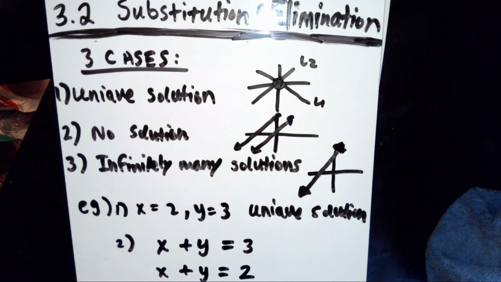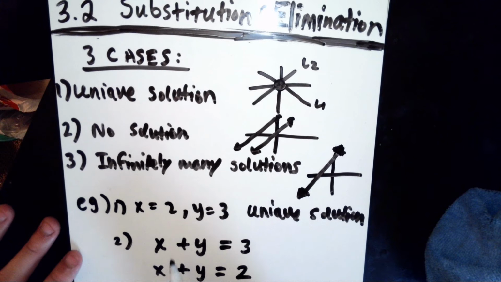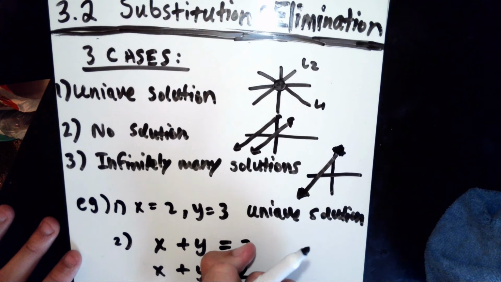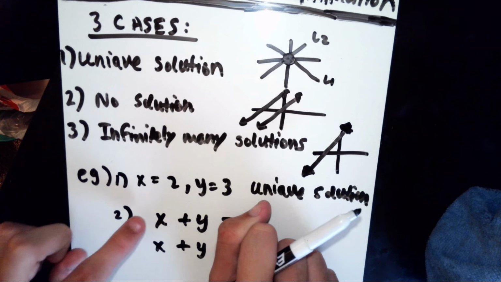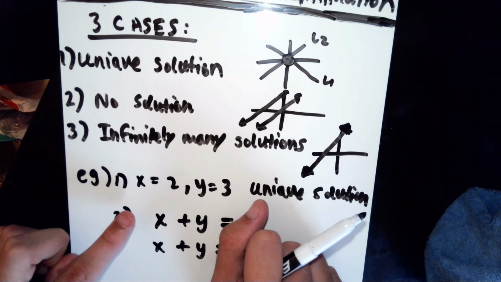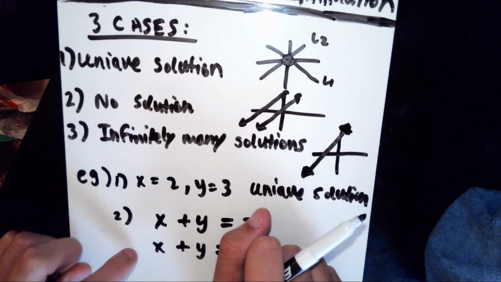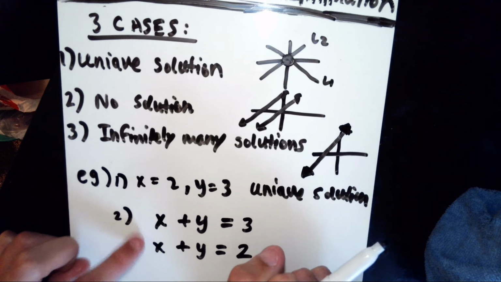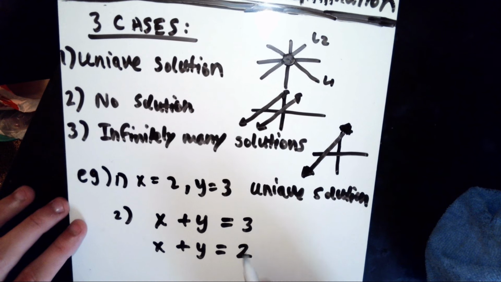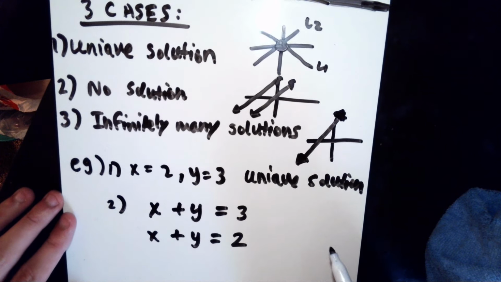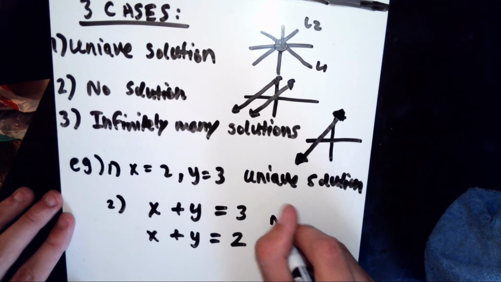Notice these are these equations without the right-hand side. If we just focus in on the left-hand side, these two expressions on the left-hand side are the same. They're multiples of each other, but then the right-hand side is not a multiple, or rather, 3 is not a multiple of 2. So in this situation, there's actually no solution.